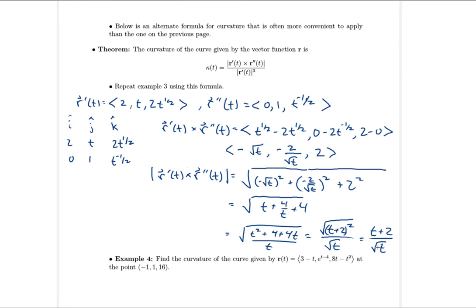And then from the previous page, remember, we already knew that the magnitude of r prime of t is t plus 2, right? We knew that from the previous page. So we can then take our curvature and say, okay, it's the magnitude of this cross product, so that's t plus 2 over the square root of t, divided by t plus 2 to the third.